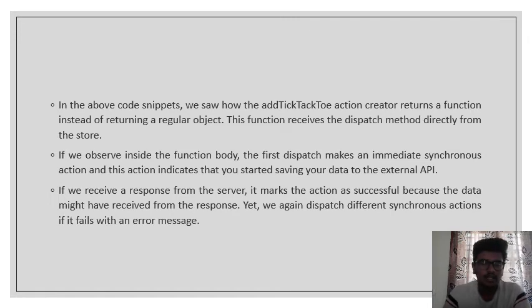If we receive a response from the server, it marks the action as successful because the data might have been received from the response. Yet we again dispatch a different synchronous action if it fails with an error message.